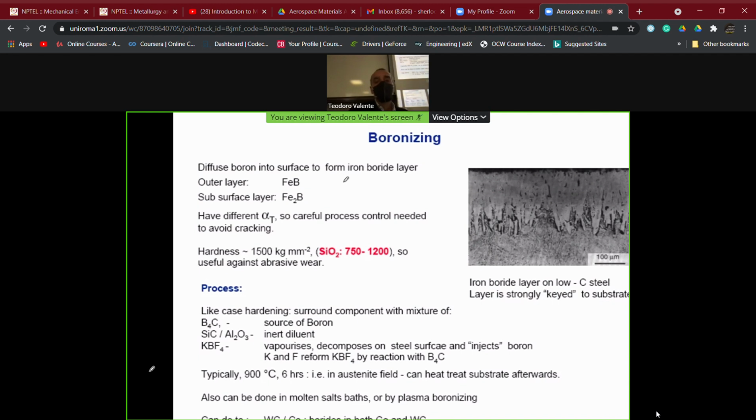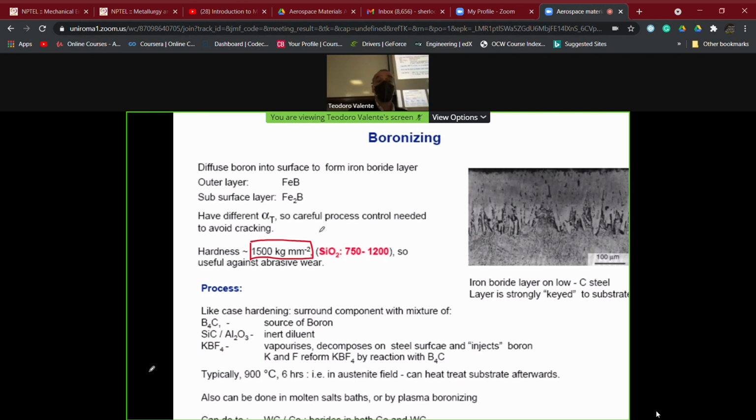Also in this case, we do not need any temper, because there is a direct formation of iron borides, which are very hard compounds. You see here, for example, by using a standard Vickers denomination of hardness, we can reach 1,500 kilograms per square millimeter in terms of Vickers hardness on the surface.